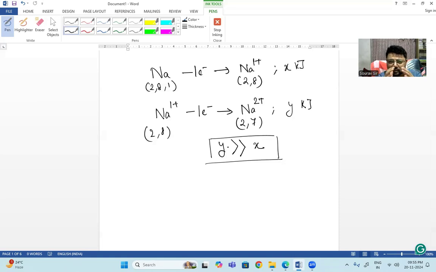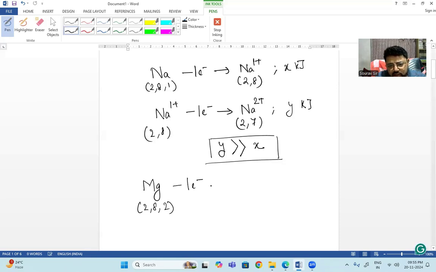If it is not sodium but magnesium, then we would have a different electronic configuration. Magnesium, Mg, will have a 2, 8, 2 configuration.